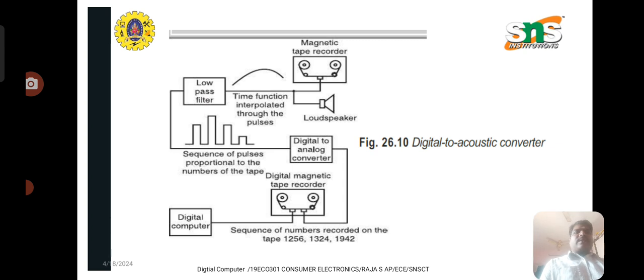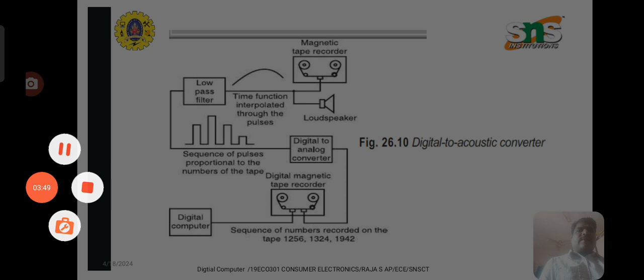The next figure, the up and down square figure, shows the sequence of pulses proportional to the numbers on the tape. Further, these pulses are given to a low pass filter, which will smooth them and remove the unwanted signals in this input signal. That is, this low pass filter is a time function interpolated to the pulses. So whatever changes there are, they occur directly or indirectly with the sequence of this signal.